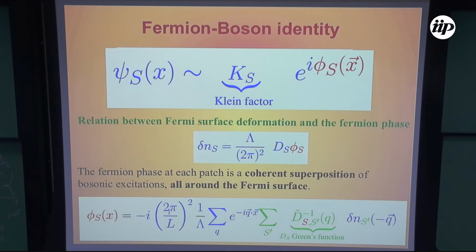It's a more complex structure, because what the magnetic field is doing is wrapping the bosons all around the Fermi surface. You cannot isolate this patch. The magnetic field is connecting all the patches. Essentially, this is what is happening here.